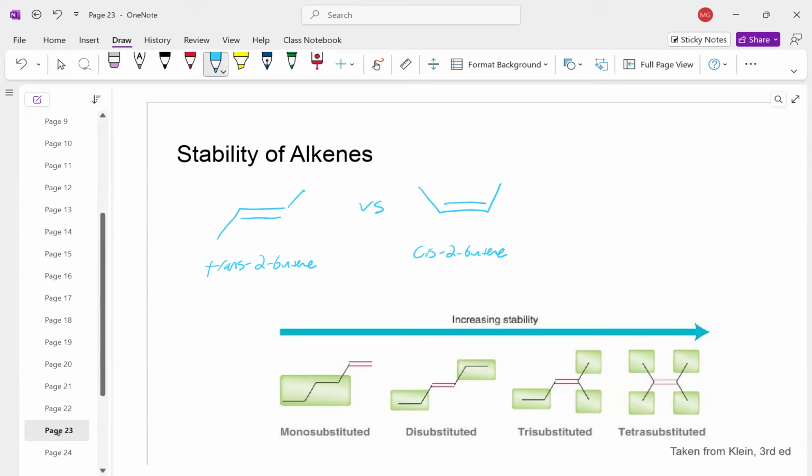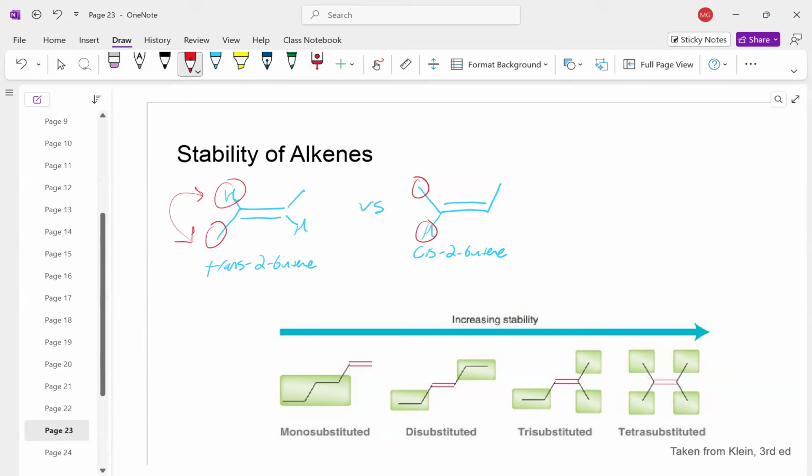These are stereoisomers of each other because if I take 2 groups, like this hydrogen and this carbon, and flip them around, I get a different orientation in 3-dimensional space. And we talked about this earlier with groups on rings being cis or trans. It's the exact same thing here.